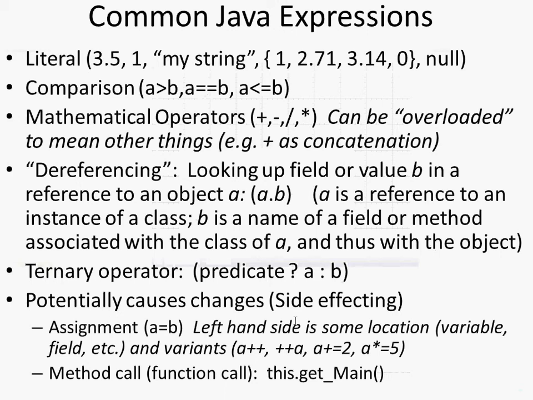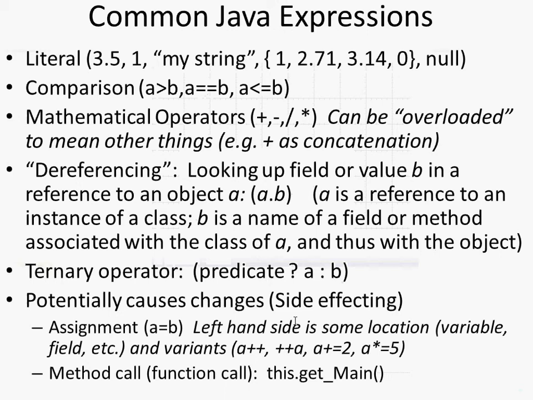It's an expression. It's not a statement, it's actually an expression that computes, but it's like an if: it does either one or the other depending on the value of this first thing. This first thing has to be a predicate, it evaluates to true or false. So the value returned by the ternary operator is either A or B, depending on whether this predicate is true.